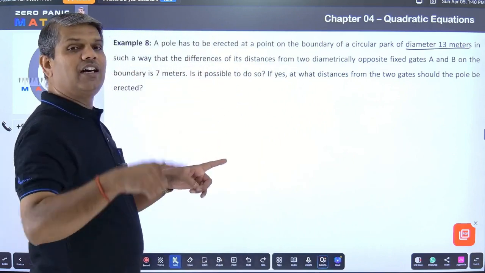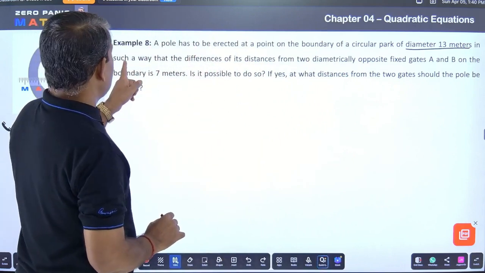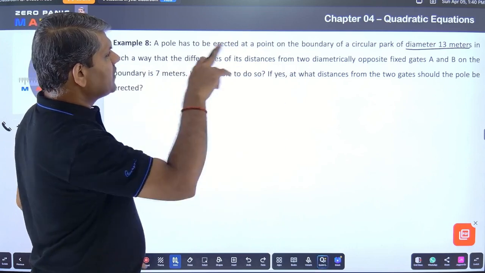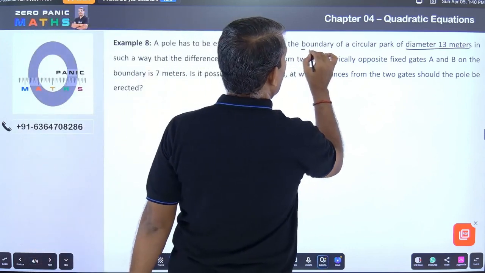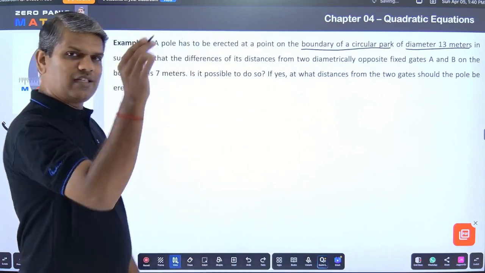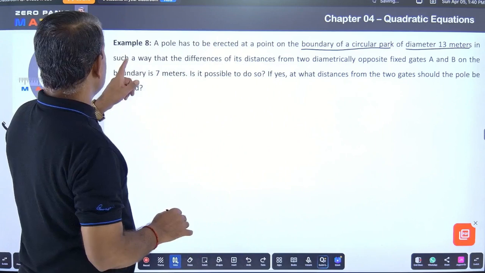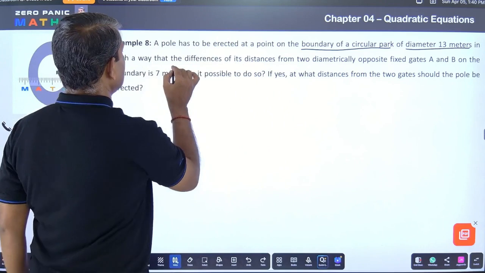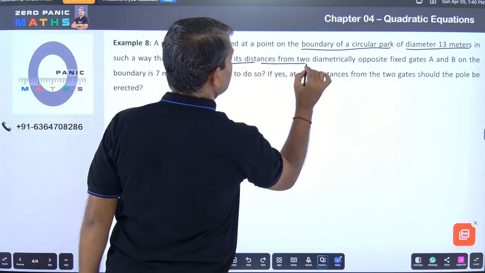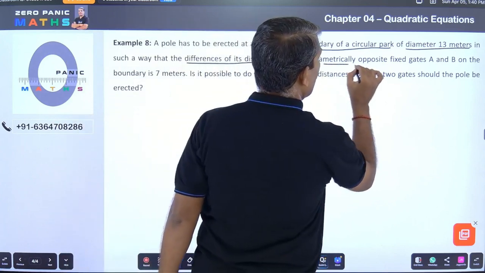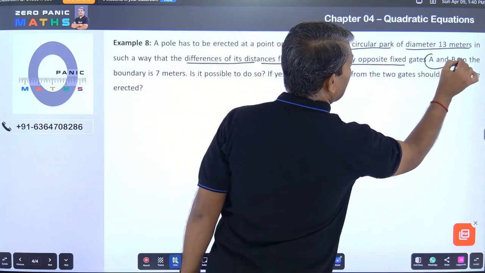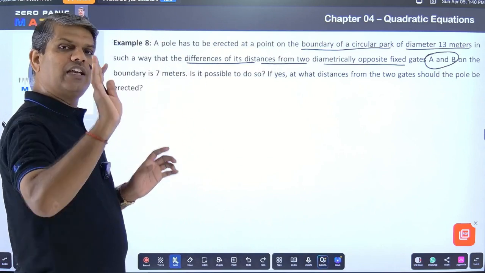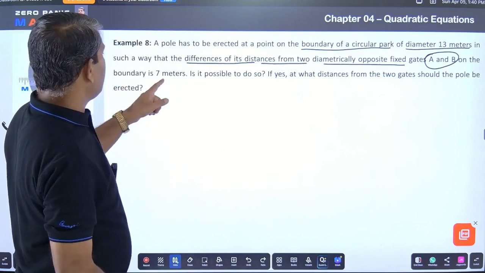We have to erect a pole on the circumference or the boundary of the circular park, in such a way that the difference of its distances from two diametrically opposite fixed gates A and B is 7 meters. Our diameter for that circle is AB.